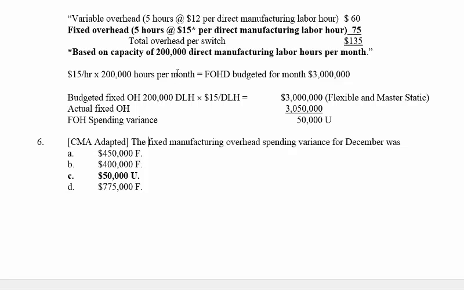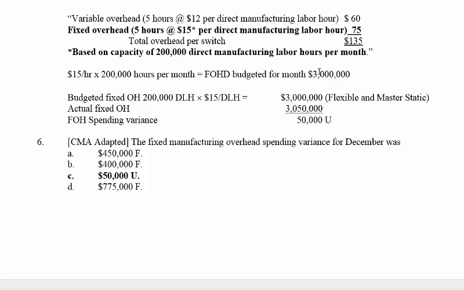So let's put the formula back together to figure out how they came up with this $15 per hour. $15 per hour based on a capacity of 200,000 hours per month means that if we multiplied that out, then they expected fixed overhead per month to be $3 million.